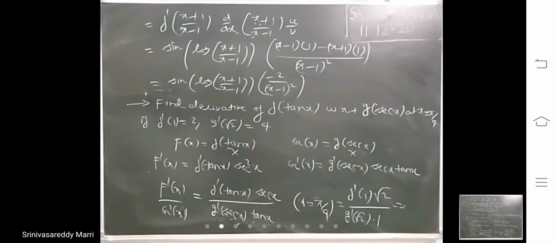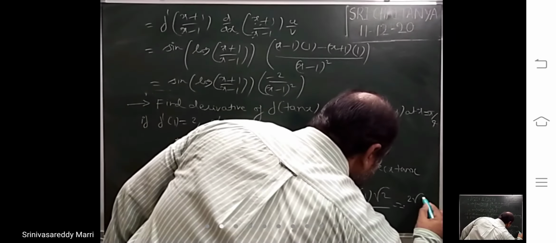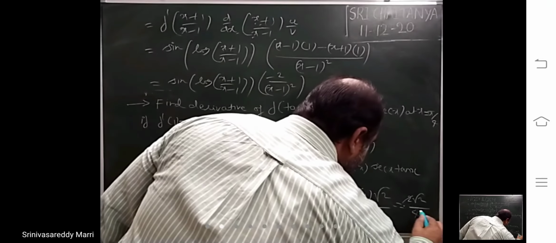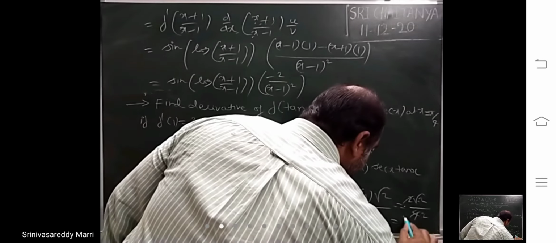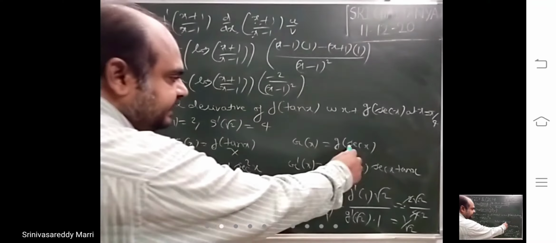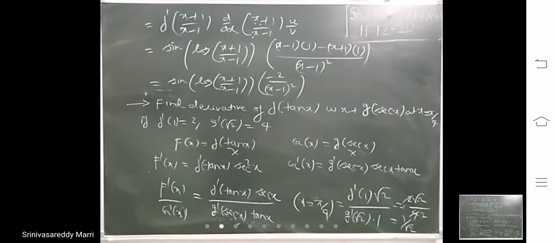So now f dash 1 is given as 2, root 2 divided by g dash root 2, which is given as 4. 2 ones are 2, 2 twos are 4. Root 2 by 2 is 1 by root 2. Whenever a composite function comes, assume the inside one as capital X and proceed in the basic manner.